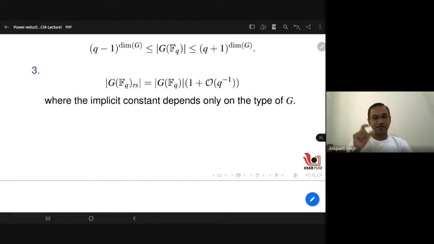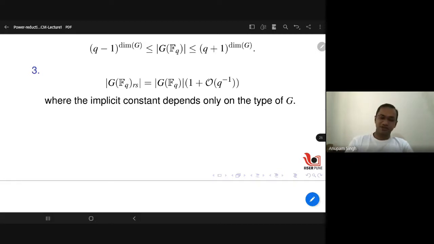There will be a highest degree term and some lower order powers of q, and for that we can use big O notation. Even if you are not familiar with it, it just means you are looking at a polynomial with a highest degree term and some lower degree terms, and you say it is O of that order. Because if you take q very large, only the dominating term will matter. The lower degree terms will not contribute much.